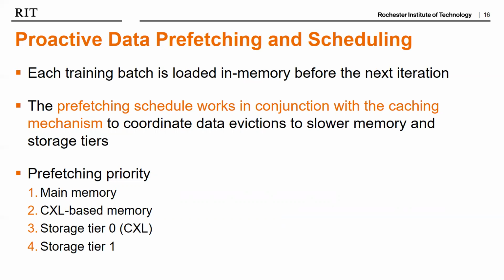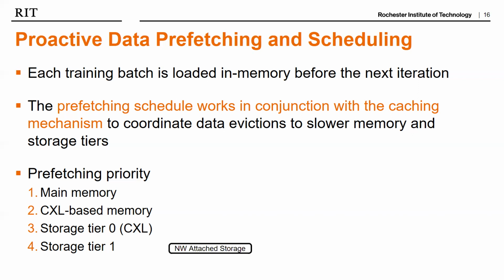The prefetching schedule follows a set of rules that define the priority for data placement, which starts with the main memory, followed by the CXL memory, CXL storage, and then the available system storage. Similarly, as the data batches are read, they are cached in the reverse order until they end up in the lowest tier.